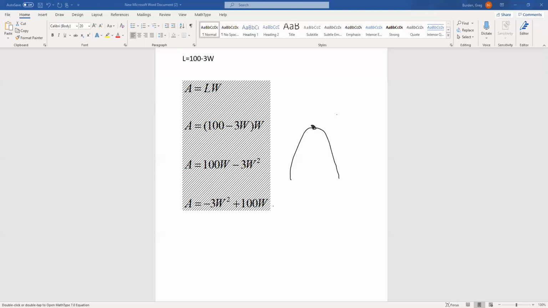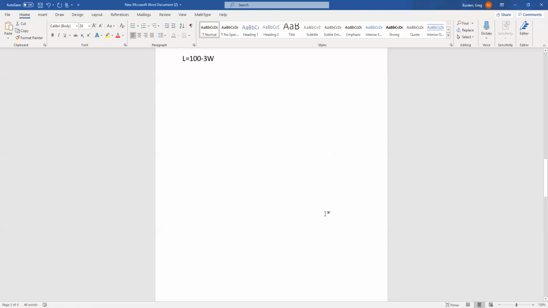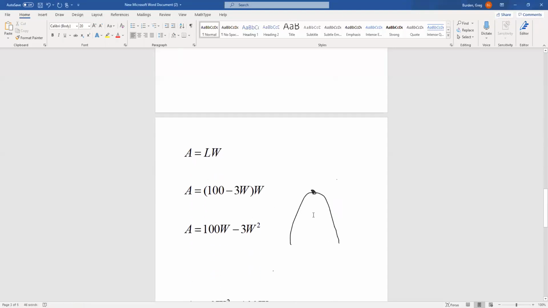We will have w is equal to the opposite of, well, b in this case is 100. And so we're going to have the opposite of the fraction 100 divided by 2 times a. Well, a in this case is negative 3. And there it is.